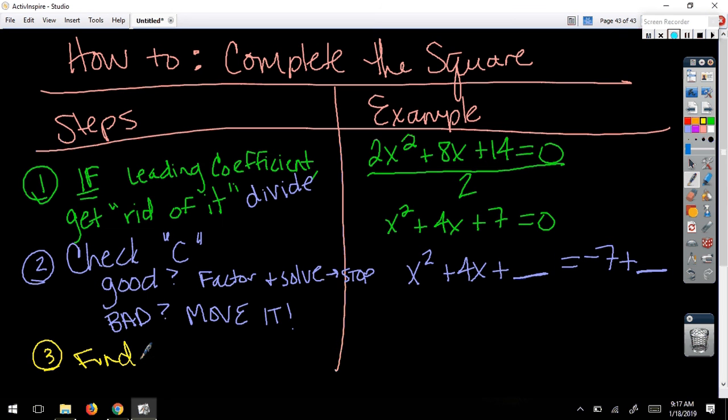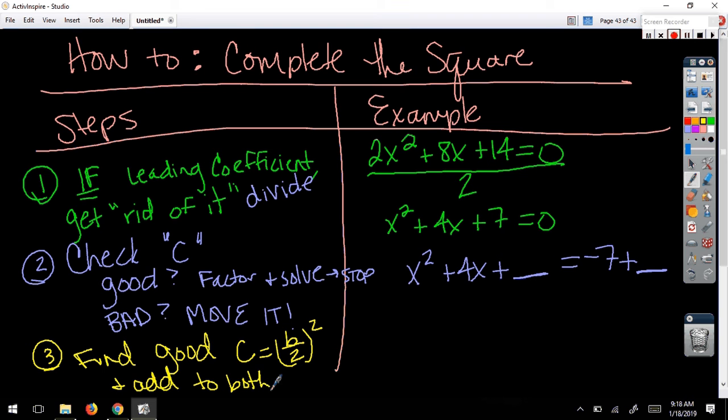You find your good C. How do I do that? I'm going to say find good C and add to both sides.